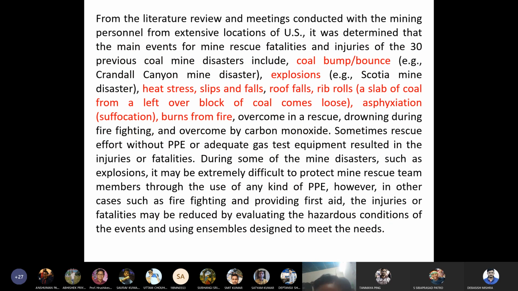So these things also we have discussed, because of the coal mine bombs, explosions, heat stress, slips and falls, roof falls, rib falls, rib rolls, a slab of coal from a leftover block of coal comes loose, then suffocation, burns from the fire.